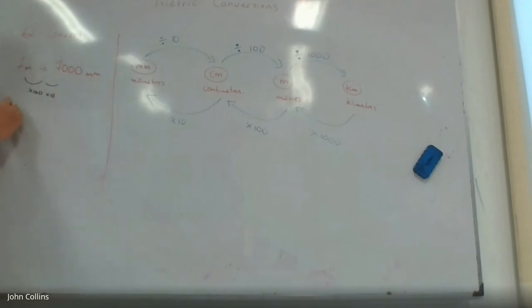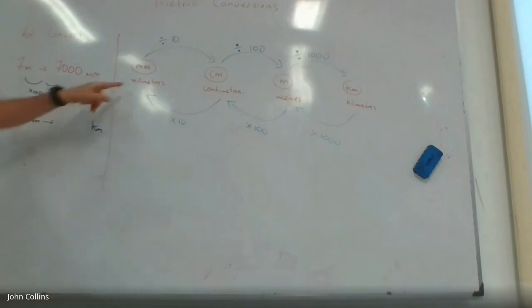Let's say I have 6,000 millimeters, and I want to convert that into, how many kilometers is that? 6,000 millimeters to kilometers. 0.6, you think? Okay. Anyone? Take me a second.